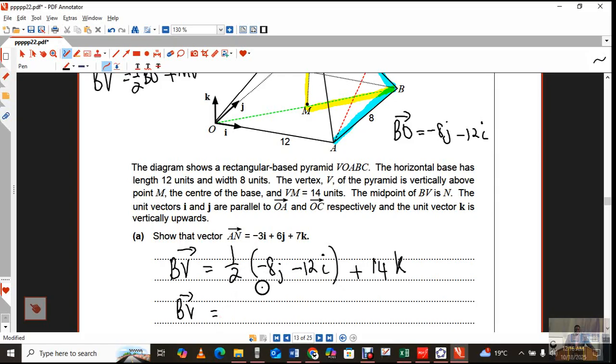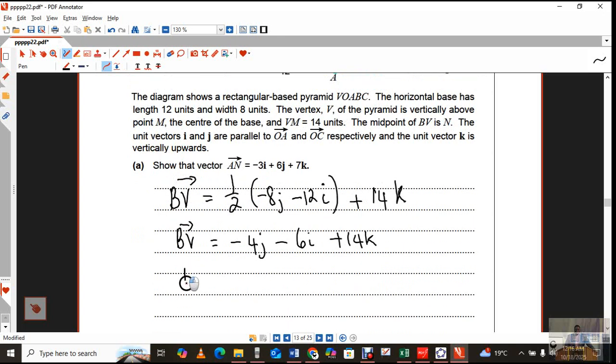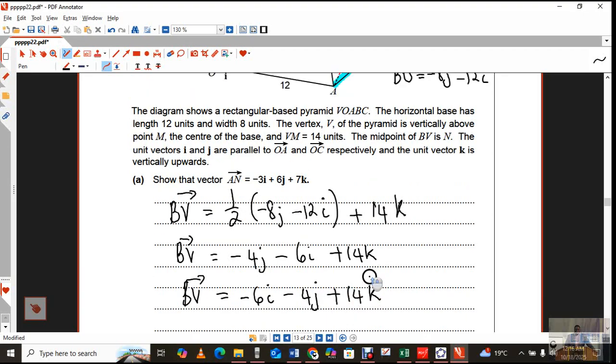So BV is half of that. It's minus 4J minus 6I plus 14K. Let me just rewrite it nicely in terms of I, J, and then K. So BV is minus 6I minus 4J plus 14K. Now, why was BV important again?